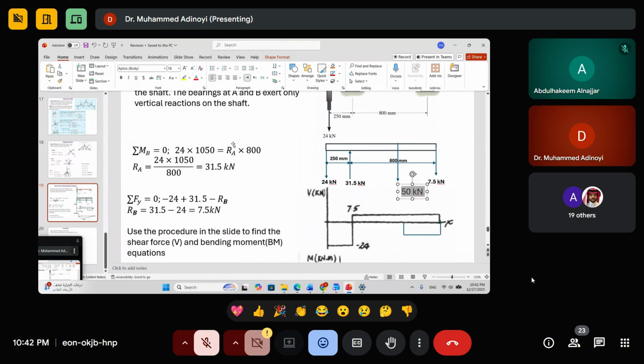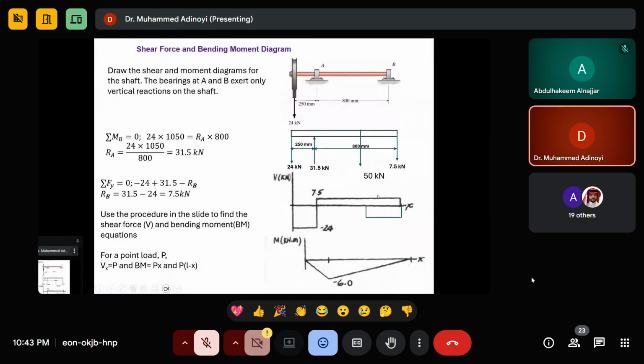Now subtract from 7.5. Yes, from 7.5 it will now be going down. So here now I'm going to have 42.5, right? I'll draw from here 42.5, which is greater than 24, so it will come down here. Then it will be going again.